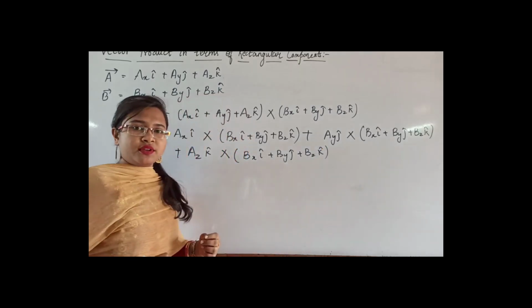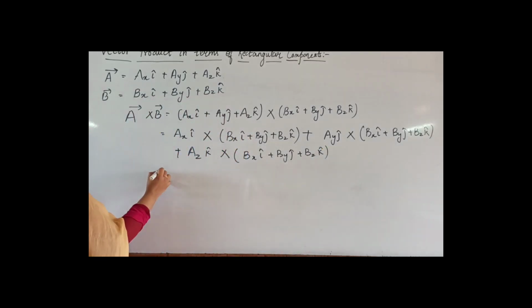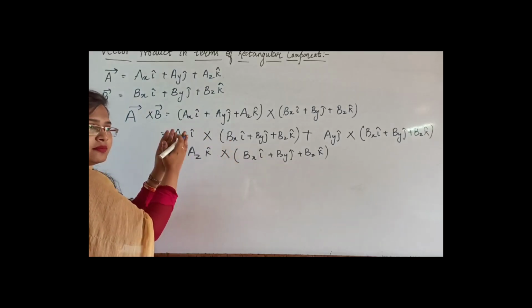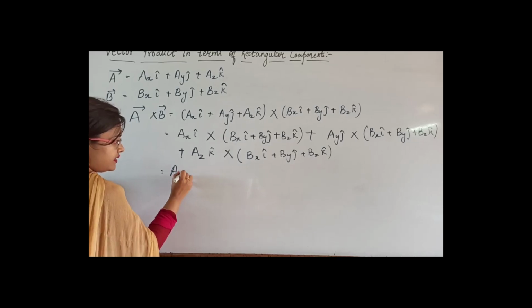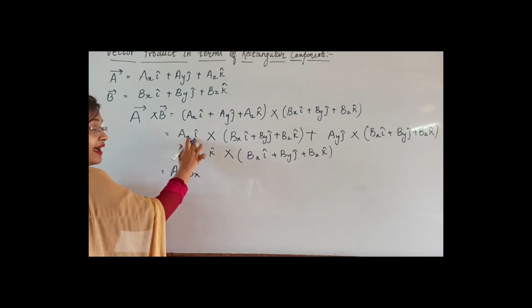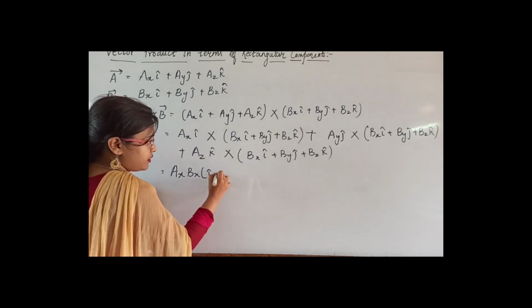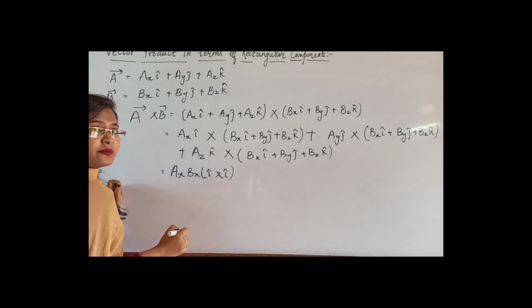Now let's start solving one by one. See, Ax, Bx, these are the magnitude parts, so they can be multiplied directly. Ax Bx, I cap cross I cap. Clear?